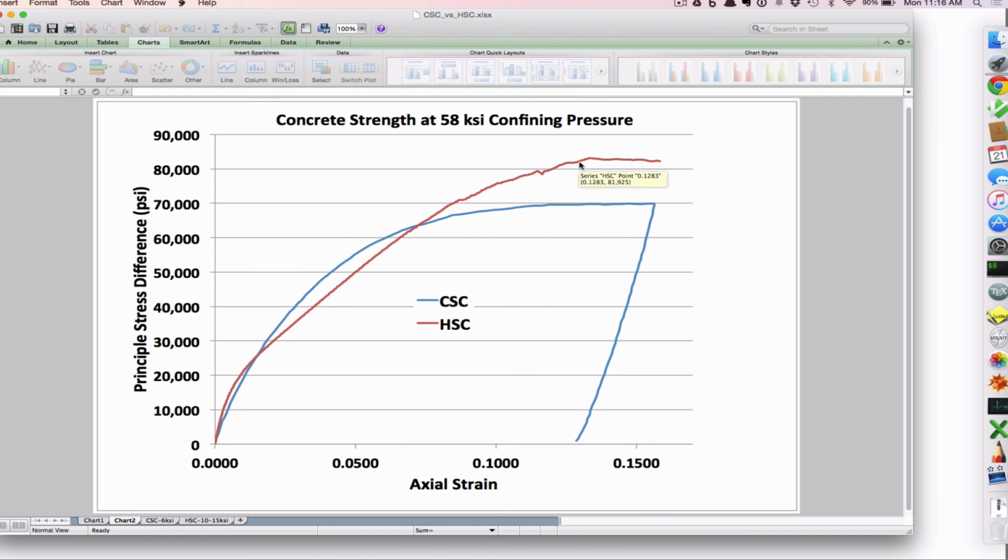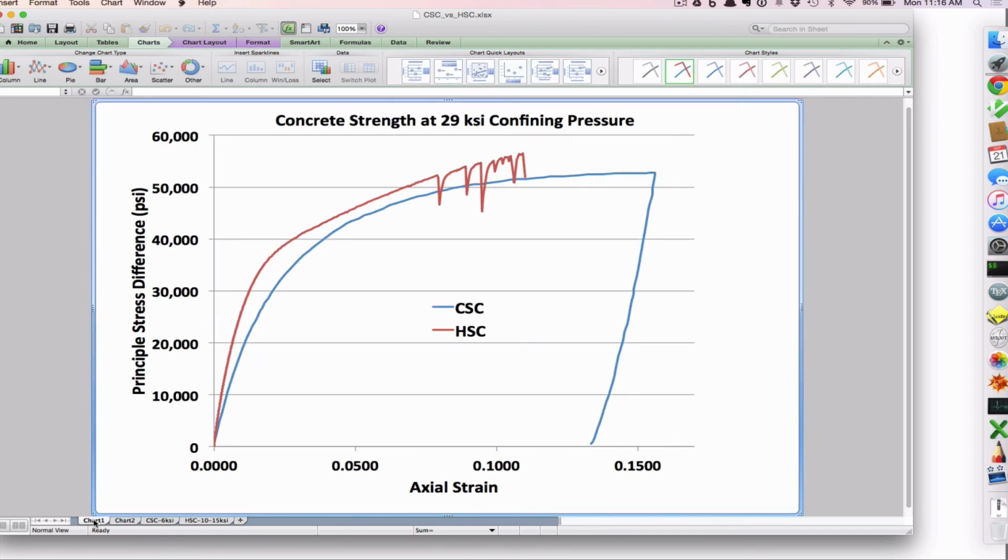You also see a larger gap between the two concretes in this case. The high strength concrete is much stronger at higher confining pressure than it is at the lower confining pressure. So that's some real data.